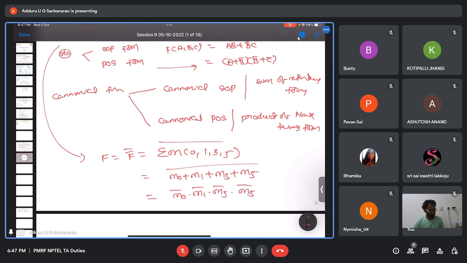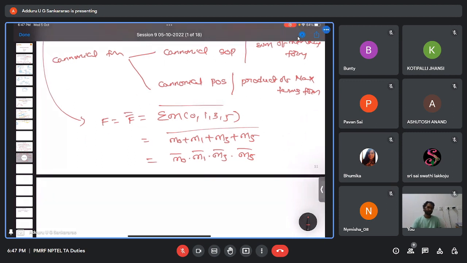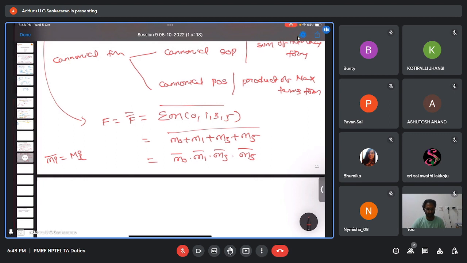Now you know, as we saw in the last class, the complement of a minterm is equal to the max term. Let us say mi is a minterm, so its complement is a max term and vice versa.